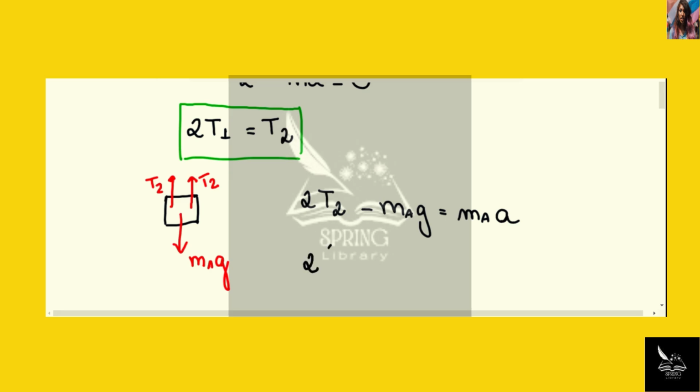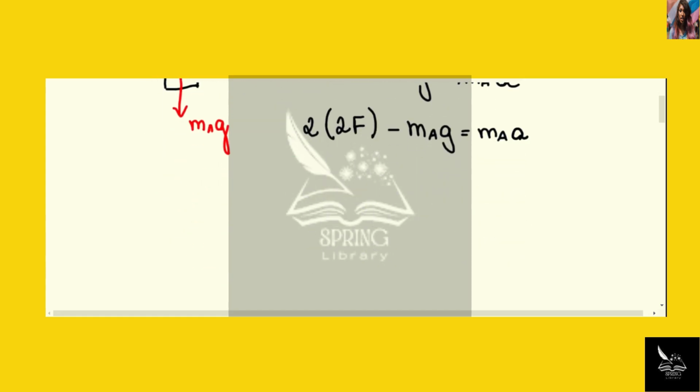Now, remember that T2 is 2 times T1, and T1 is just the force F. So we have 2 times 2F minus MAG is equal to MA times a. So the acceleration is equal to 4F minus MAG divided by MA.